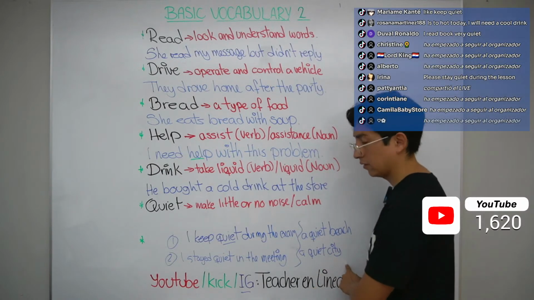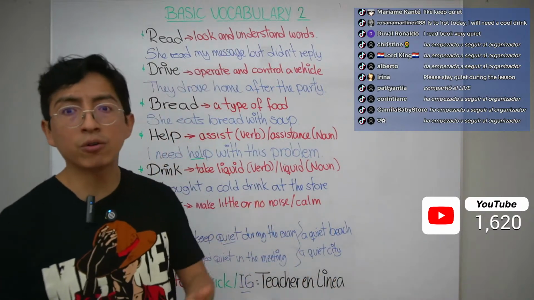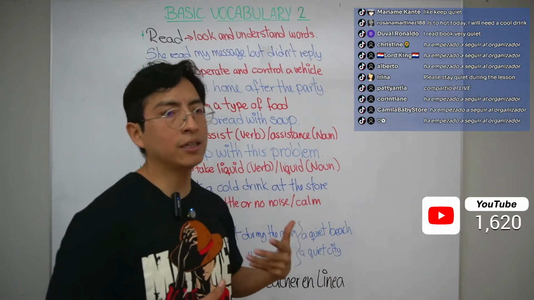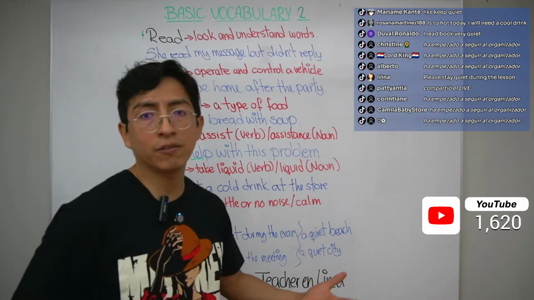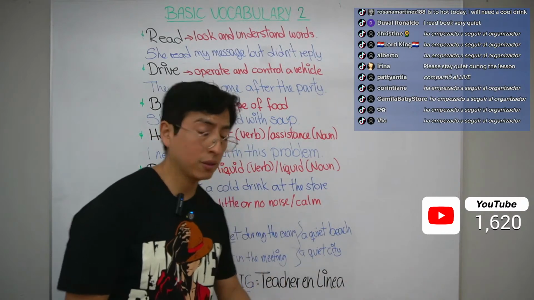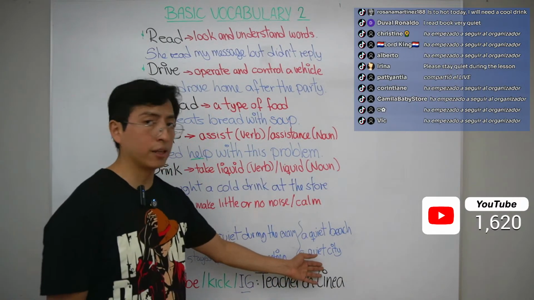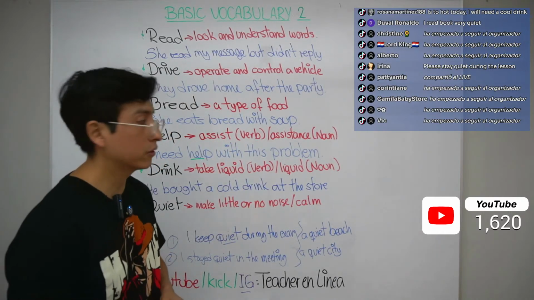I live in a quiet neighborhood. I live in a quiet district. I live in a quiet building. So this is also another meaning. Please, guys, write your sentences using quiet.